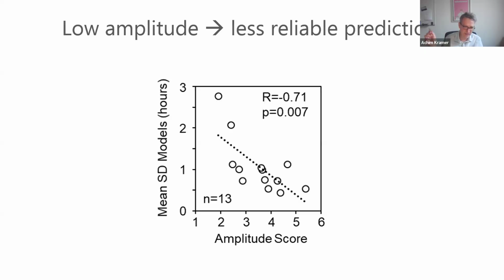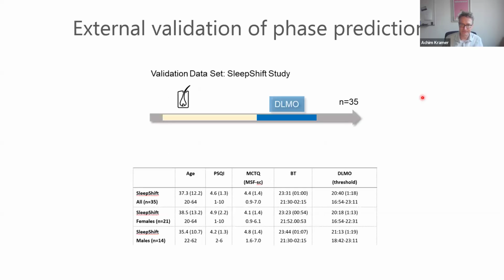They all think it's rhythmic, but they cannot agree on a particular phase. So if you have a low amplitude, your model prediction is inaccurate. Now these were all leave-one-out cross-validation tests to see whether our models are good.